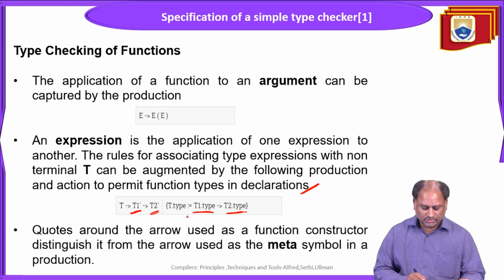Here the domain and range return a type notation, and we check whether this type matches the T dot type or not.